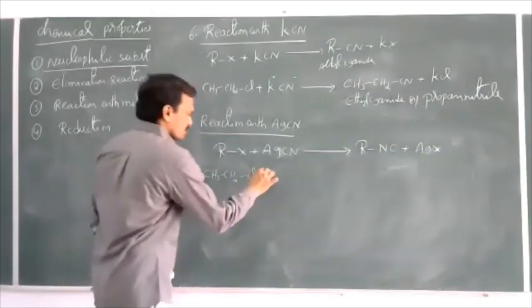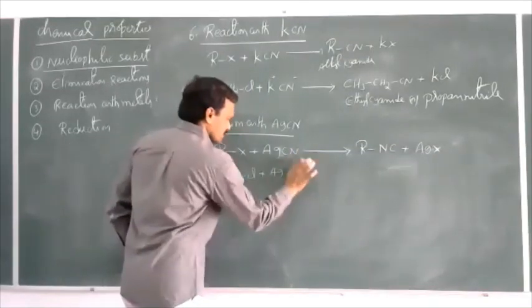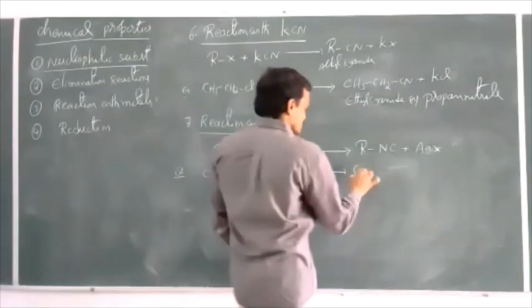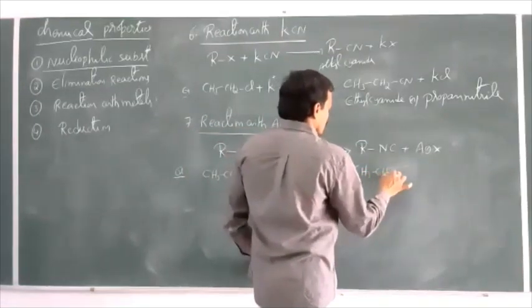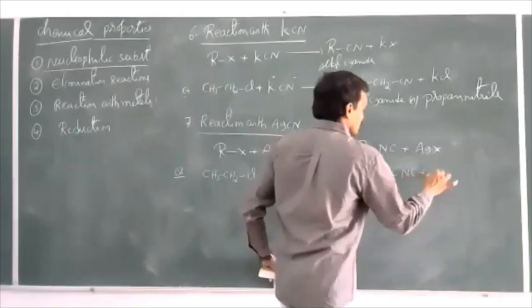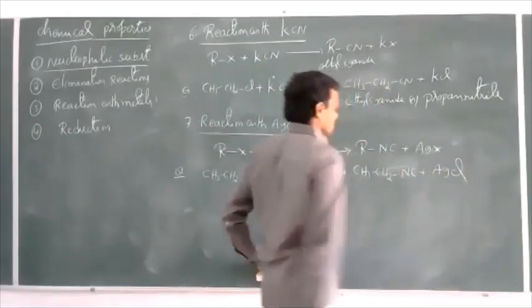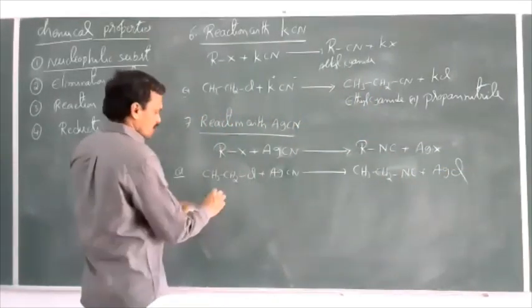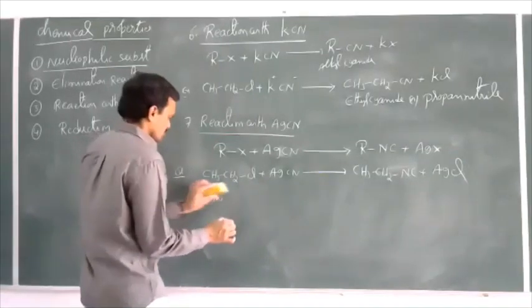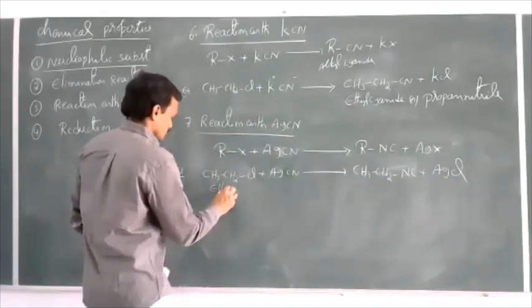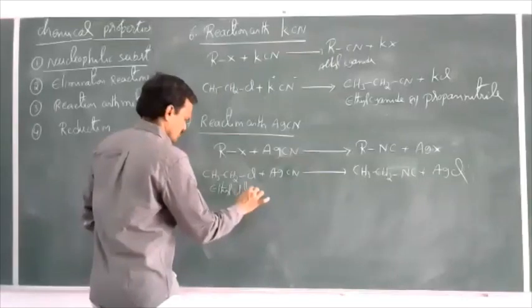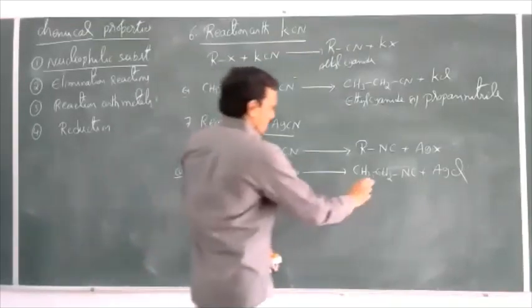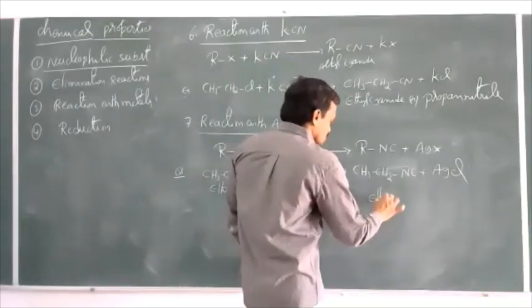CH3CH2Cl plus AgCN gives CH3CH2NC plus AgCl. This is ethyl chloride, whereas this is ethyl isocyanide.